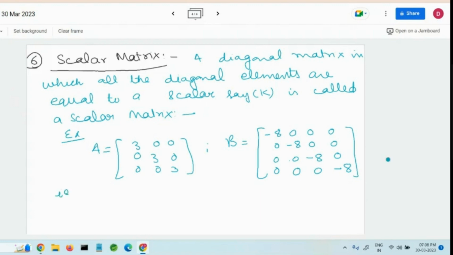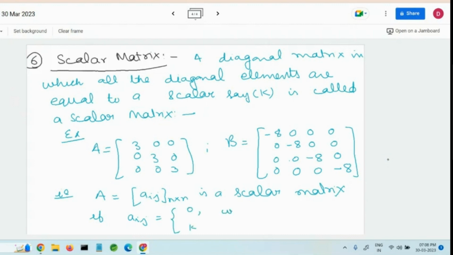If A is a matrix of order n cross n, it is a scalar matrix if Aij is equal to 0 when i is not equal to j and k when i is equal to j. This is the scalar matrix.